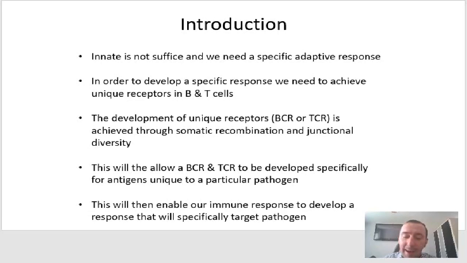So once it undergoes this process of rearrangement, those B or T cells will then have a unique receptor that will only recognize one pathogen. And this gene rearrangement enables our immune system to develop a specific response targeted against a specific pathogen.